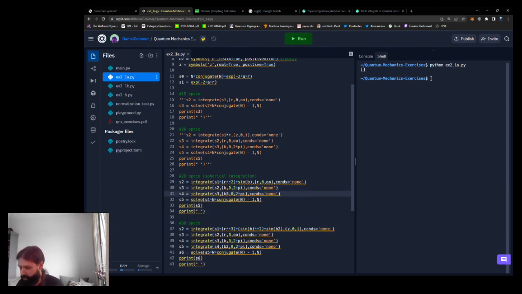So this is what we're doing exactly, I think. Don't like it. So S2 is S1 times r squared sinus of theta, and then we're integrating these 0 to infinite. Then we're doing S2 theta 0 to 2 pi.